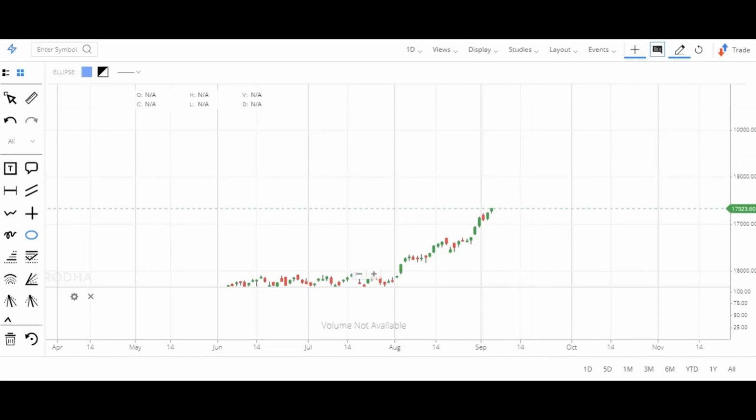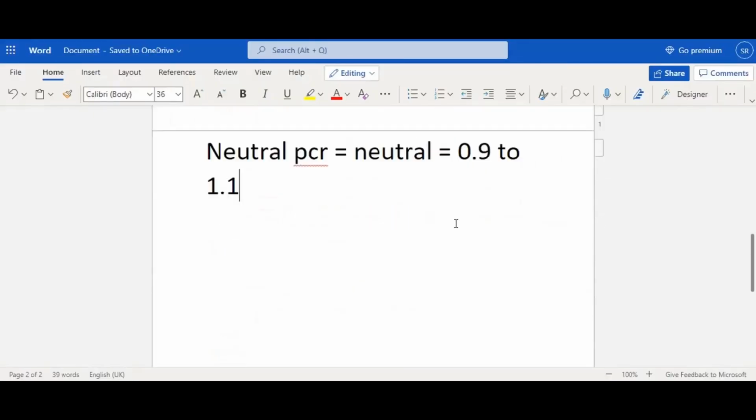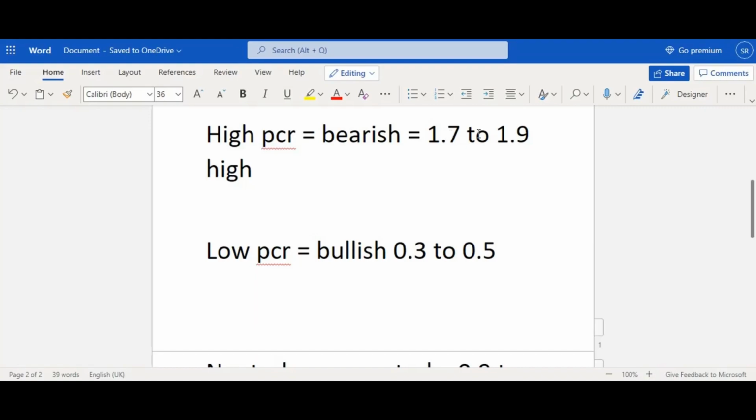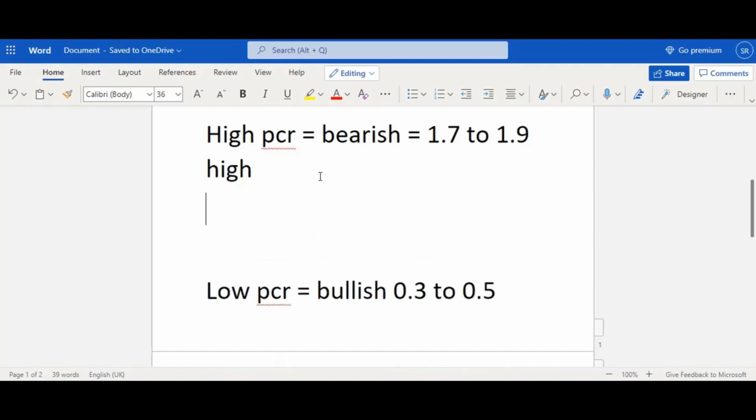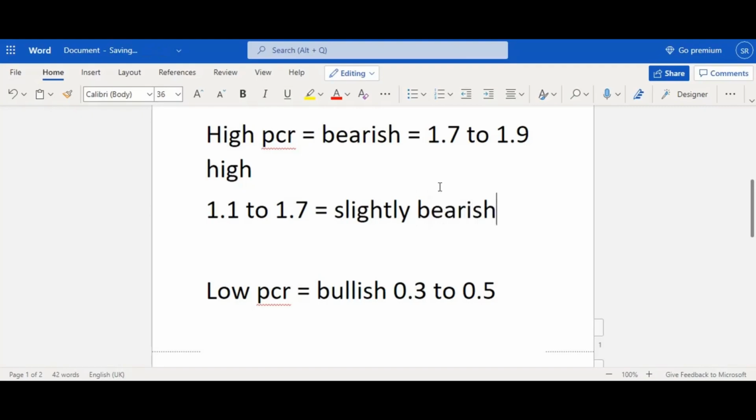All right, understand that. Now, what happens to the levels in between, you might ask? We have considered the levels 1.7 to 1.9 and 0.3 to 0.5. So what happens to levels between these? Anything between 1.1 to 1.7, because 1.1 is neutral and on the higher side until 1.7 is reached, is slightly bearish. 1.7 to 1.9 is highly bearish.